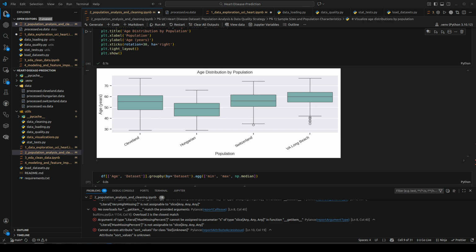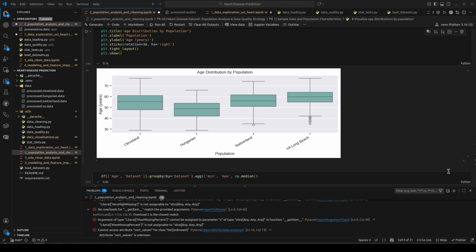Well, essentially, yeah, they represent most of the data, right? They represent all the values that are not considered outliers, which is within that 1.5 times the interquartile range.